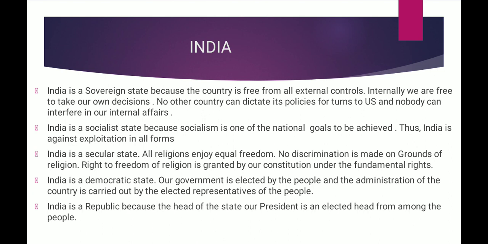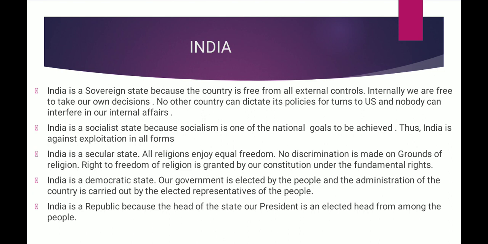In the previous class, we discussed the procedures adopted for the amendment of the Indian Constitution. Number one, the simple majority; number two, by special majority; number three, special majority and ratification.